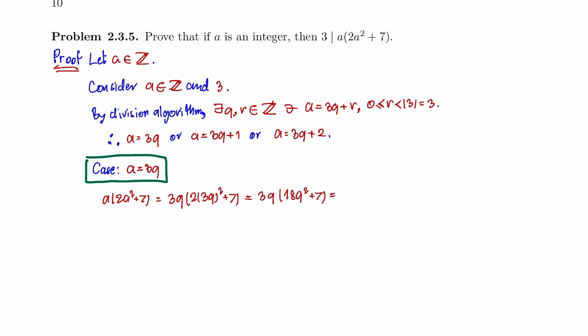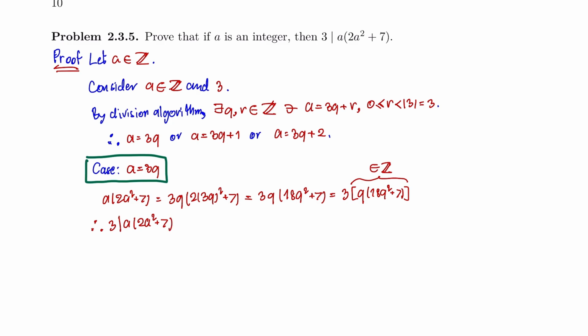And factoring out 3, we have 3 times q times (18q squared plus 7). And we know that this product is an integer. So that means that 3 is a factor of a times (2a squared plus 7). So we have shown that 3 divides a times (2a squared plus 7) by divisibility.